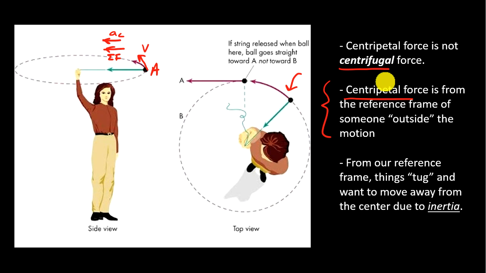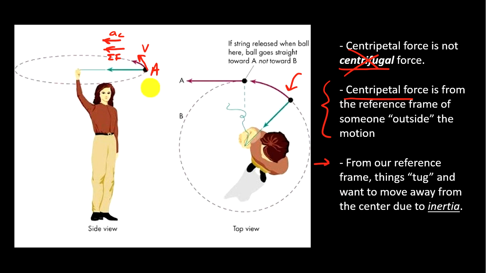But because that's not the frame of reference we're using, we're not going to be using this term. Not that it doesn't exist, not that it's a fictional force, it's just not a force in our reference frame from the outside.